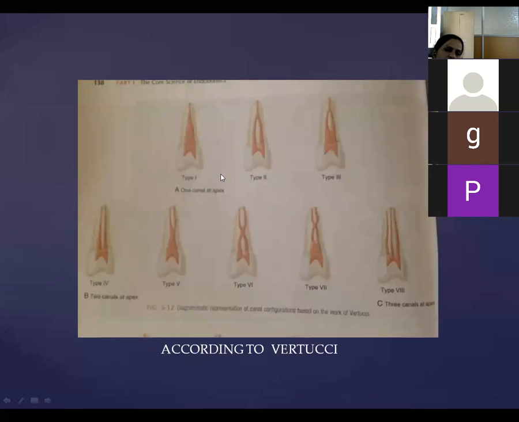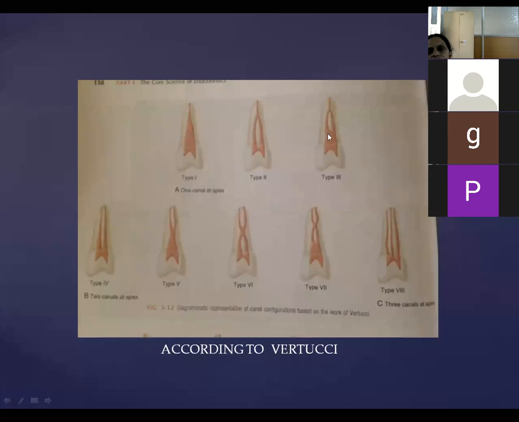In Vertucci's type 1 configuration, this is another author, Vertucci, who has given different canal configurations. In this type 1, the canal while leaving the pulp chamber is one and it opens as one apical foramen. This is type 1, similar to that given by Weine. In type 2, there are two canal orifices when they leave the pulp chamber and they join to form one canal in the apical one third. This is type 2.